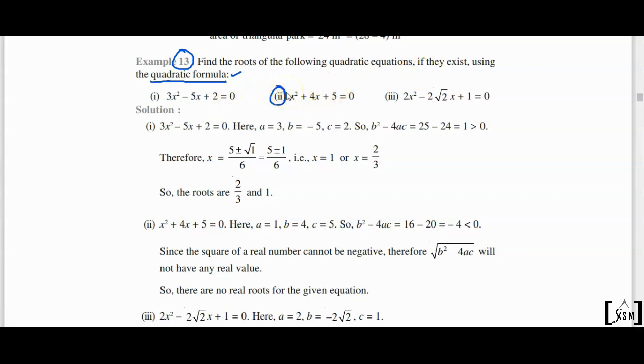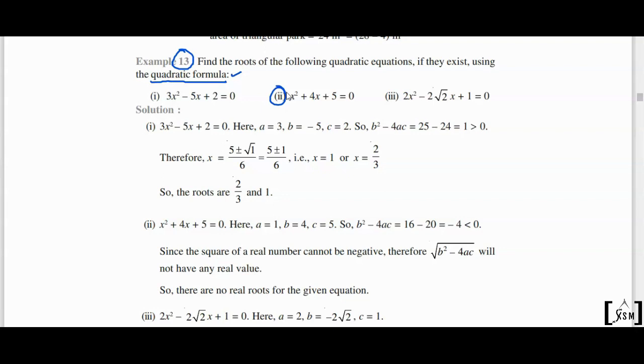Guys, before we do this question, let me tell you that among all the three methods, if it is not specified which method you have to use, try to solve first by the factorization method, okay? Because that takes less time and the calculation is less. With the quadratic formula, all the questions can be solved.